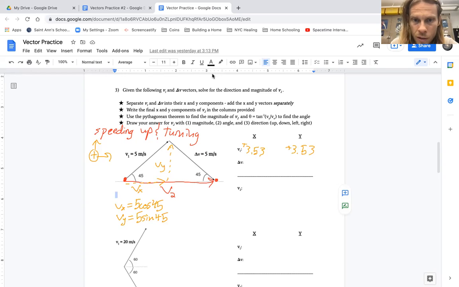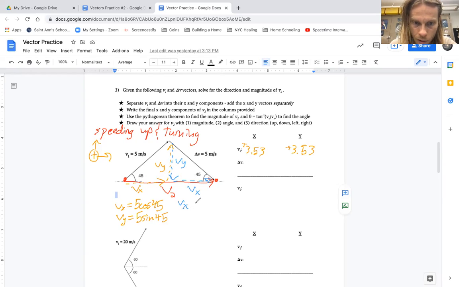And if we do delta V, I'll do it in a different color. We see that it's down and right. So remember, for components, you're literally just saying the words. What direction is V1? Up and right. So you draw the up, you draw the right, you separate. Delta V is down and right. So you draw the down, you draw the right. Vx and Vy for delta V are going to be the same magnitude.